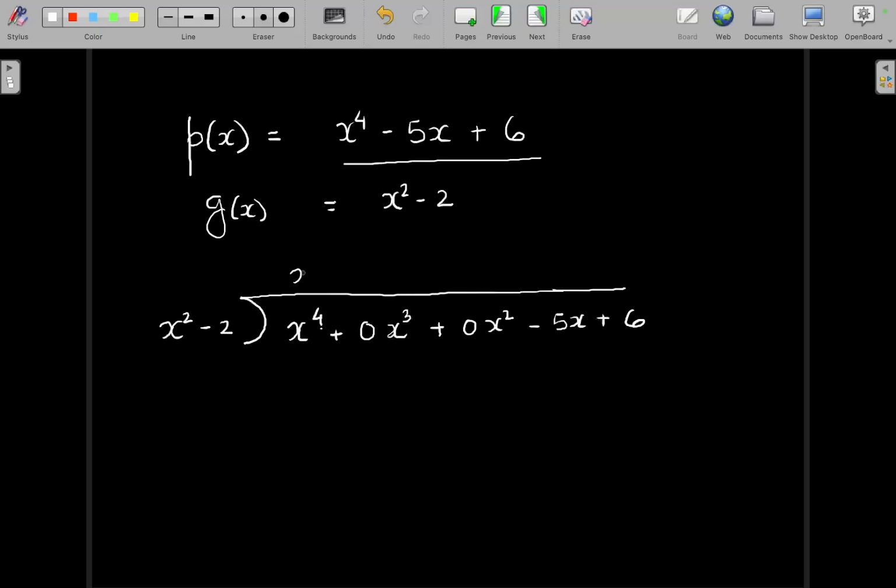So I'm going to write here x square. I've chosen x square because when I multiply x square with this, I get x raised to 4. That is why, but I have to continue the multiplication, and in this case it is minus 2x square.